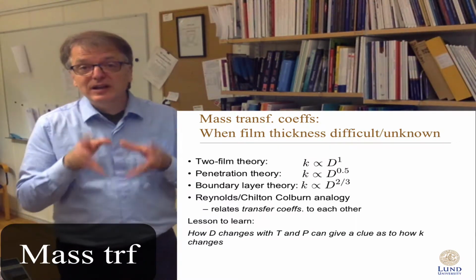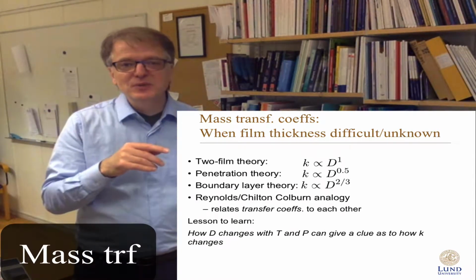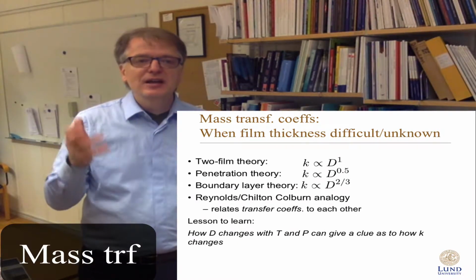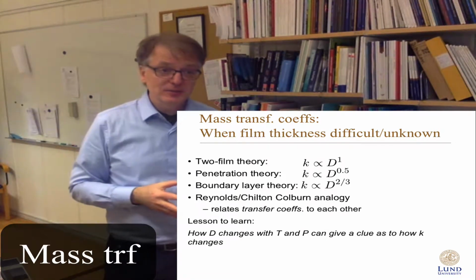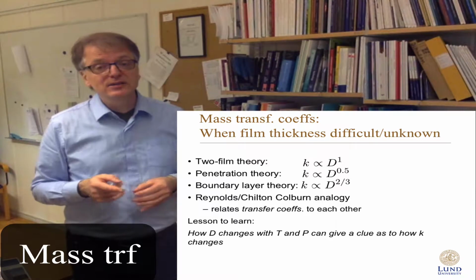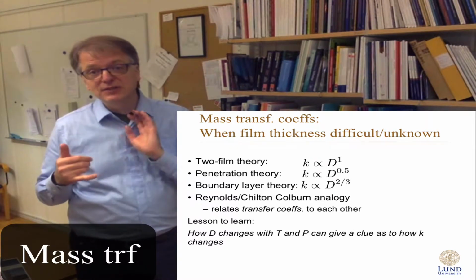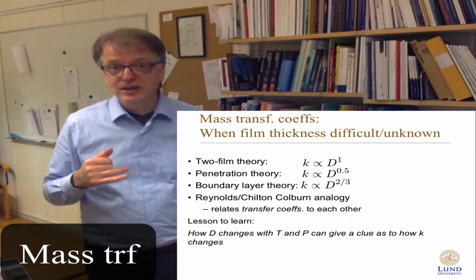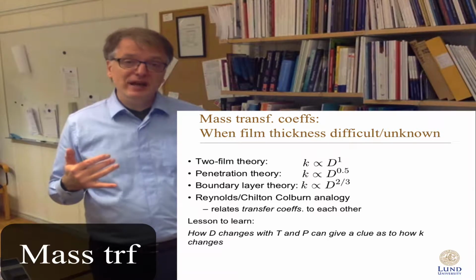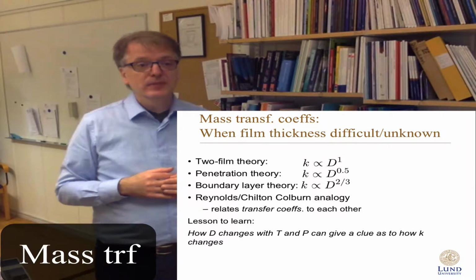But the important thing to realize is that the relation between mass transfer coefficient and diffusivity depends on the situation, on what kind of theory is applicable. So an important lesson is that if I know how the diffusivity changes when I change the temperature and the pressure, I can make a prediction of how the mass transfer coefficient will change in that situation.